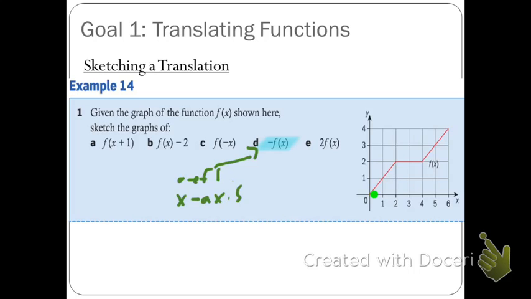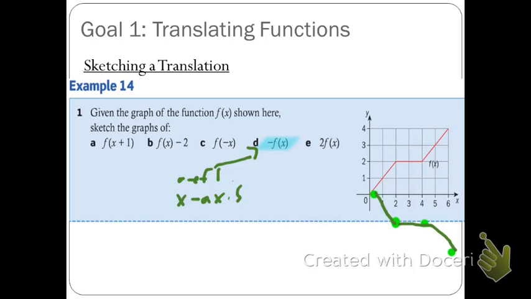Now, 0, 0 is its own reflection still, but this point 2, 2 would reflect to 2, -2. The point 4, 2 would reflect to 4, -2. And the point 6, 4 would reflect to 6, -4. And then you can just connect those points, and you've got y equals the opposite of f of x.